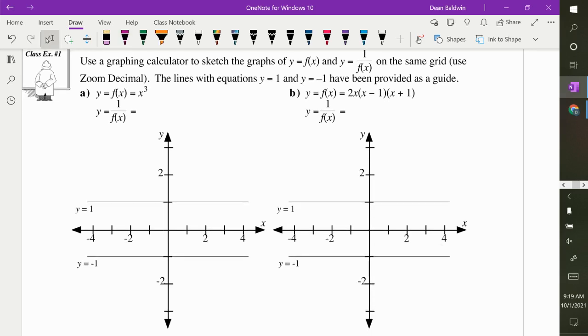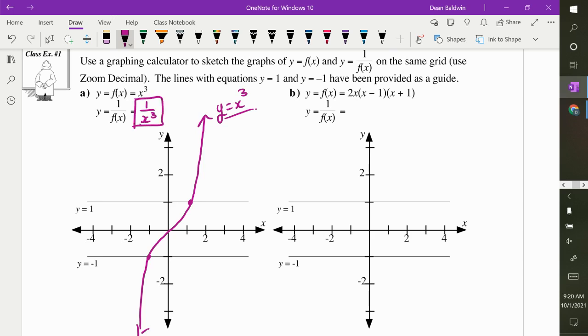Here's the graph of x cubed. There's the graph of y is equal to x cubed. If I ask you to sketch the reciprocal graph, so that's 1 over this graph. So 1 over f of x. If f of x is x cubed, we're sketching 1 over x cubed.